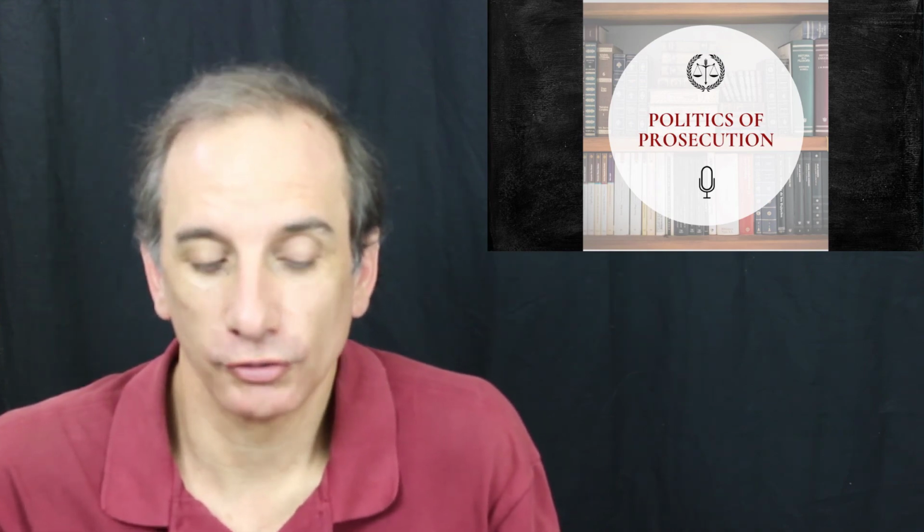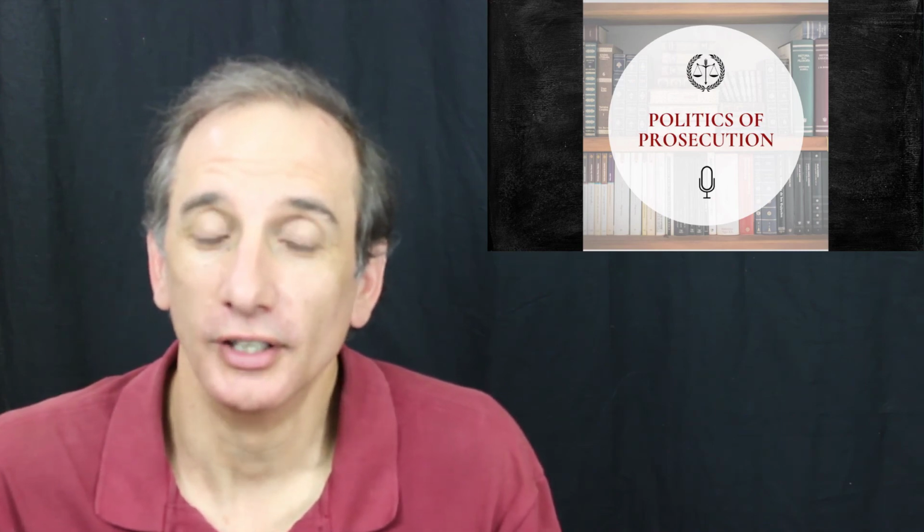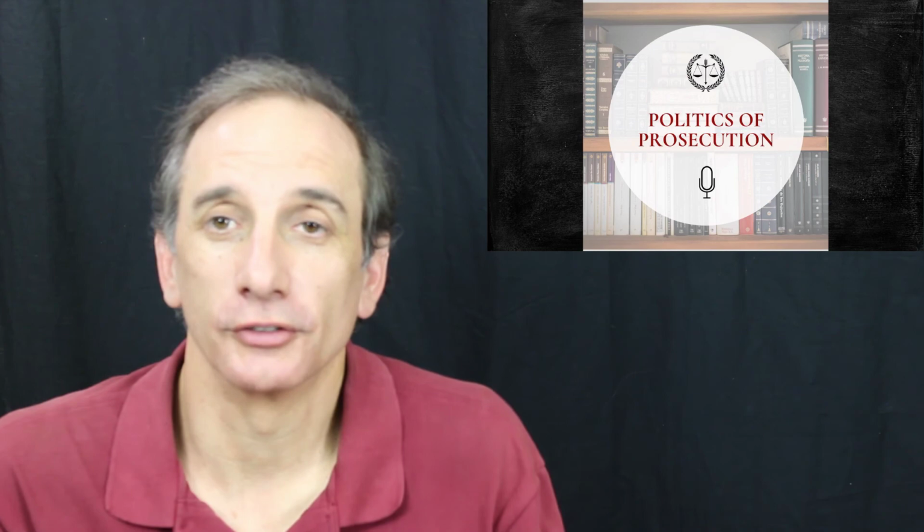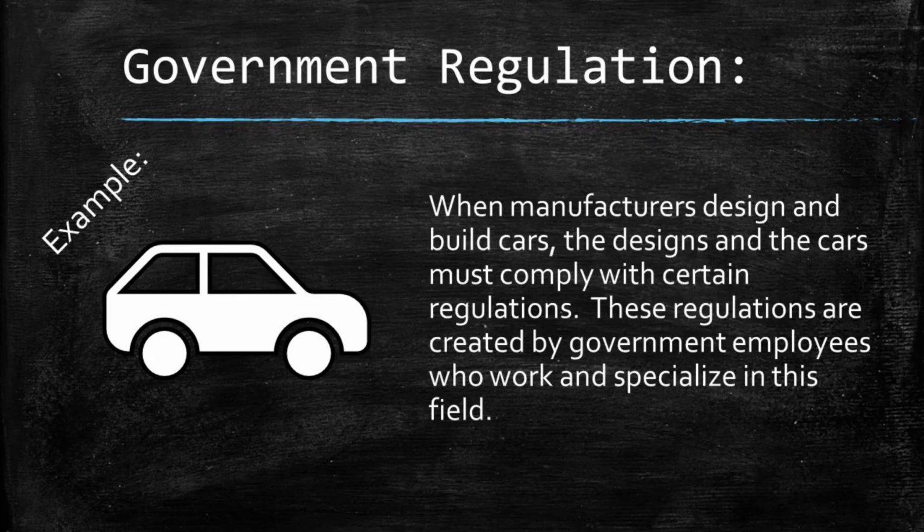Again, as these departments and agencies grew, they began to make their own law. They began creating their own regulations for how things should work. They are regulations that we encounter every single day. When we are driving our cars, those cars are regulated by the federal government.